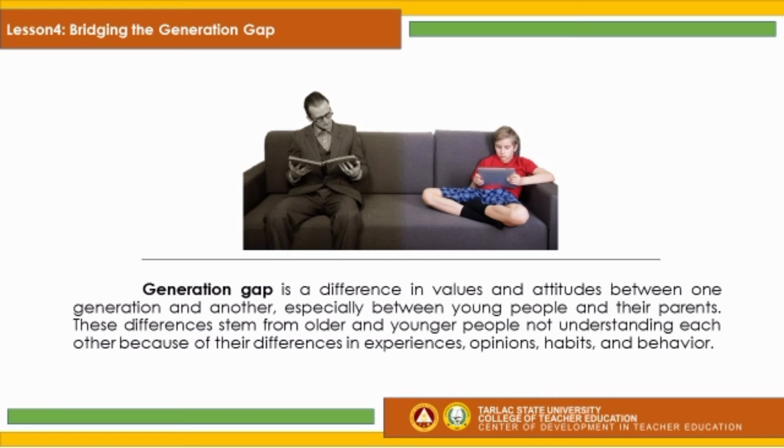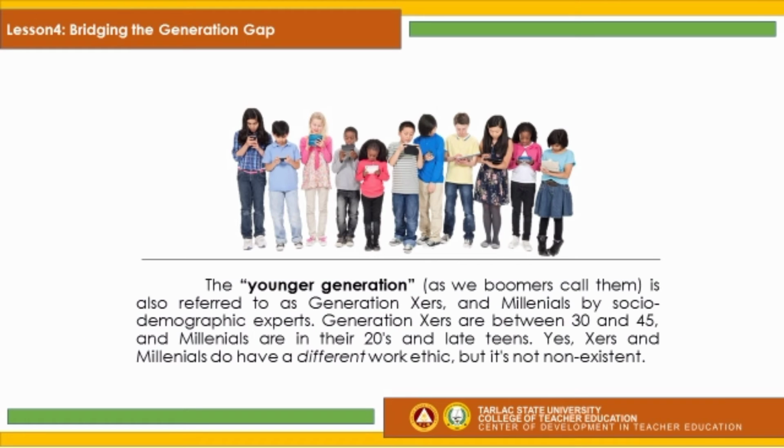These differences stem from older and younger people not understanding each other because of their differences in experiences, opinions, habits, and behavior. The younger generation, as we boomers call them, is also referred to as Generation Zers and Millennials by socio-demographic experts. Generation Zers are between 30 and 45, and Millennials are in their 20s and late teens.